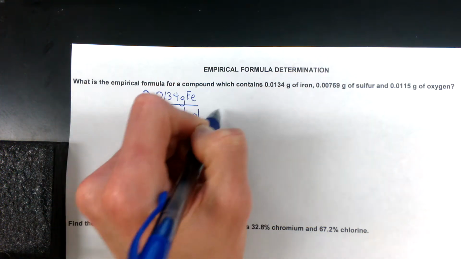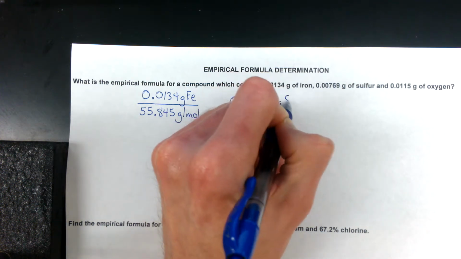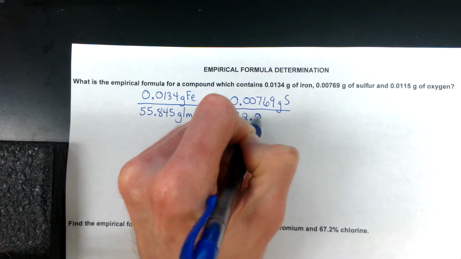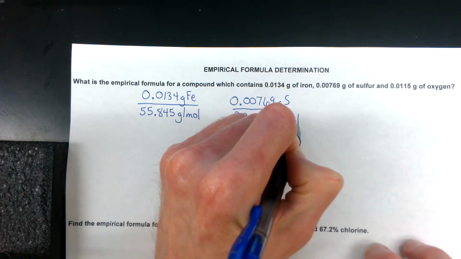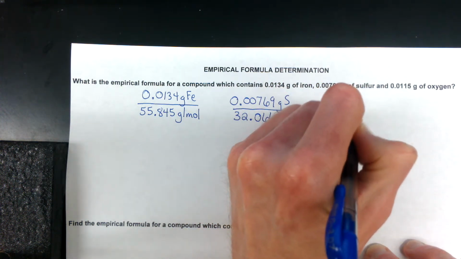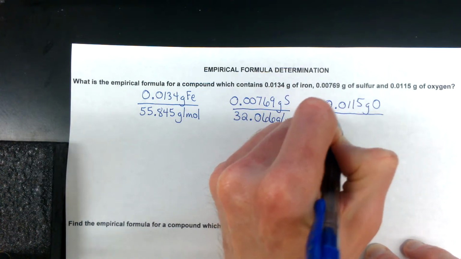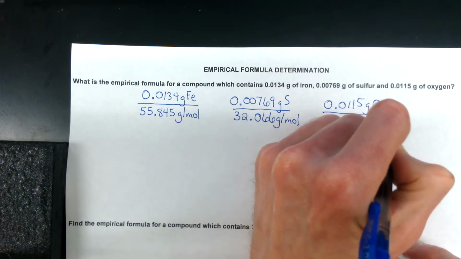For sulfur, 0.00769 grams of sulfur divided by its molar mass, 32.066 grams per mole. And the oxygen, 0.0115 grams of oxygen by its molar mass. Okay, these molar masses are coming from the periodic table.